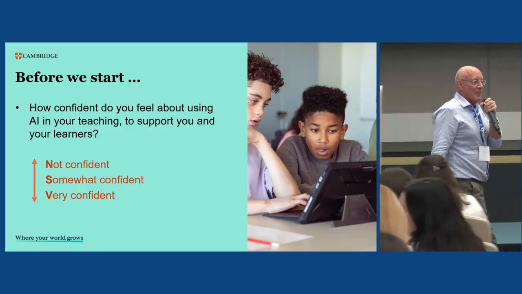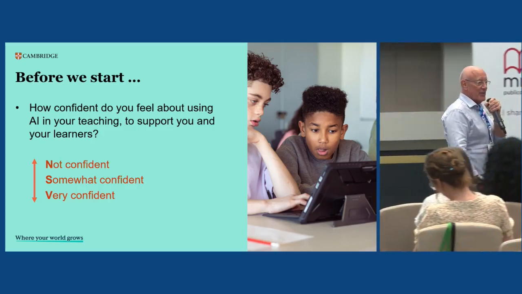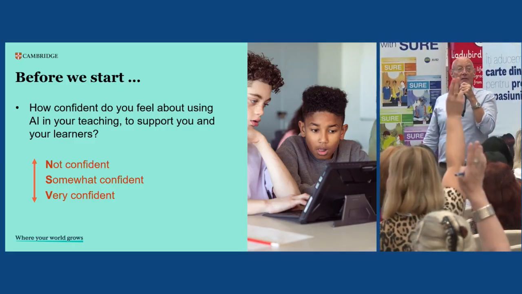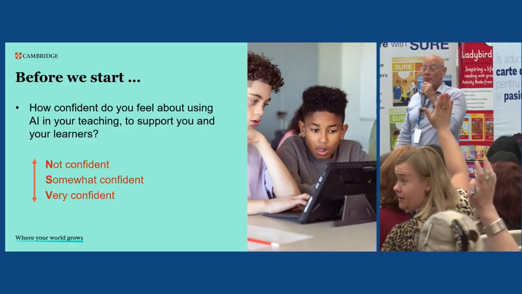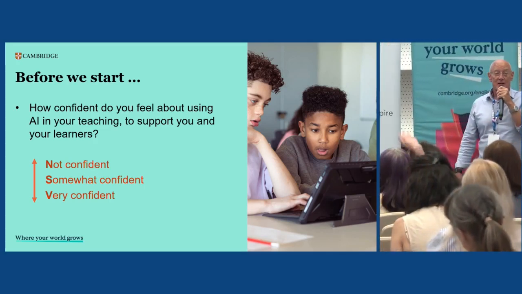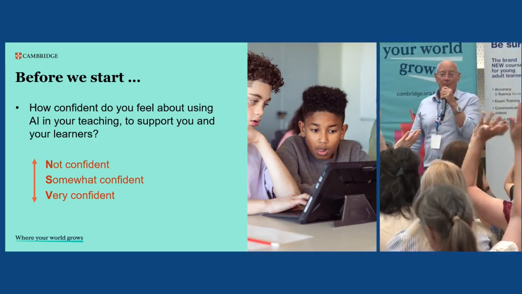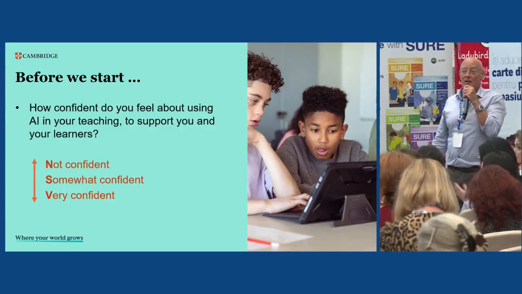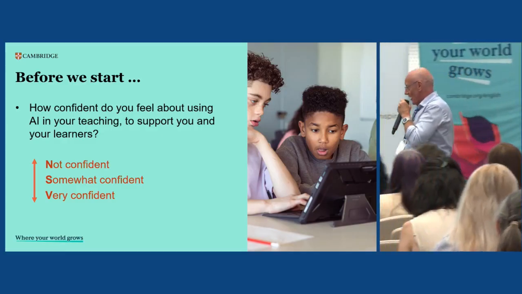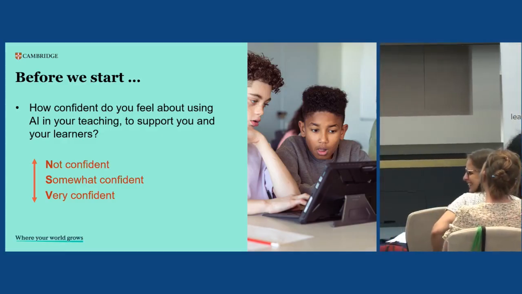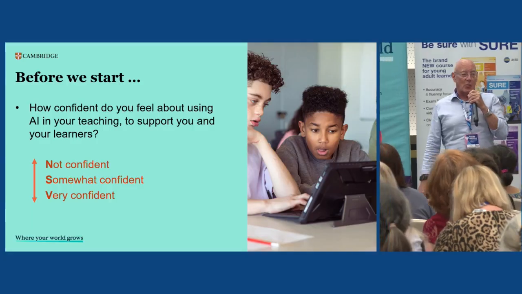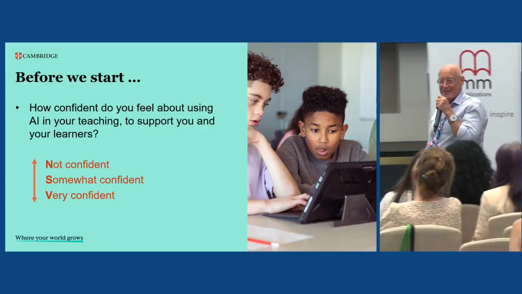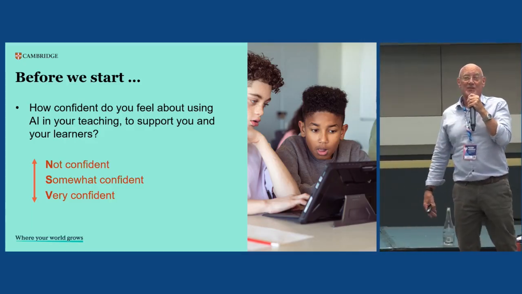And do we have any N's in the room? Who is not confident? Okay, a few of you, right. Who's in the middle with S? I suspect most people. Yep. And who's a V? Some of you are, so now I'm feeling worried that you know more than I do. All right. Obviously, I'm going to ask that question again at the end, and hopefully there'll be no N's, and maybe there'll be more V's than we have at the moment.